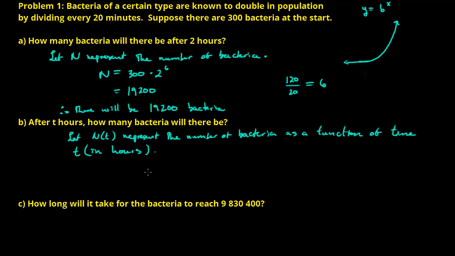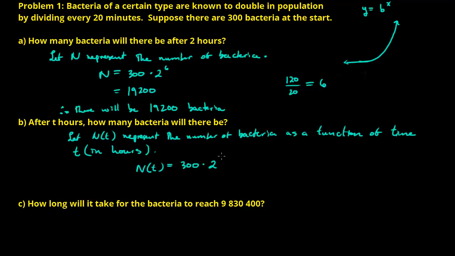And so let's think about this. Well, I've got n of t. I know that every time 20 minutes goes by, I'm going to multiply 300 by 2. So I've got 300 times 2, and I know that I'm going to have some exponent here. Let's think about what I should have in the exponent. Now I want this in terms of hours. So every time 20 minutes goes by, I want to multiply 300 by 2.